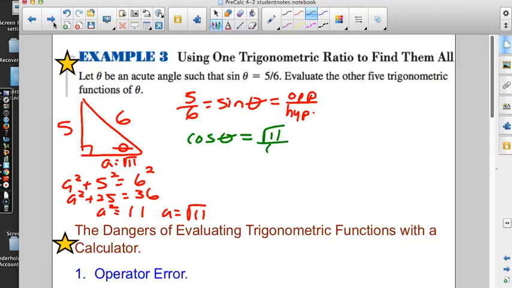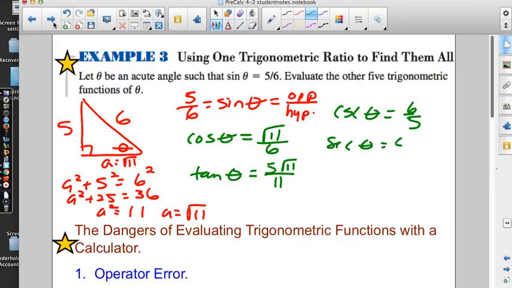I'll write them up here. Let's see what we have. We have opposite over hypotenuse.